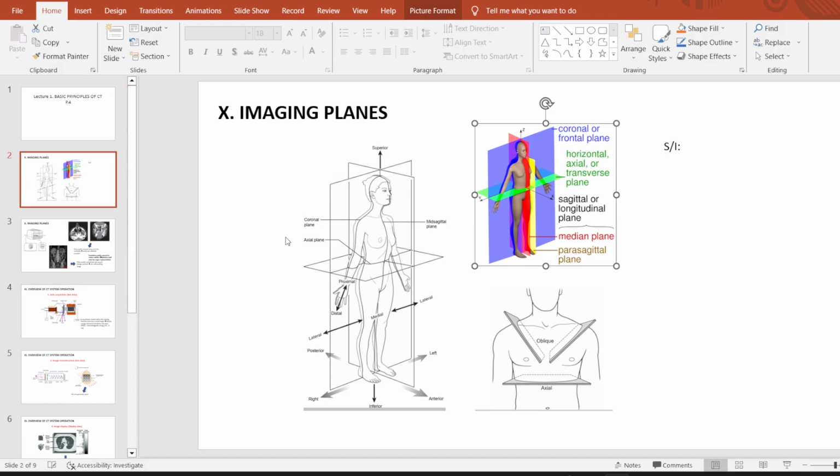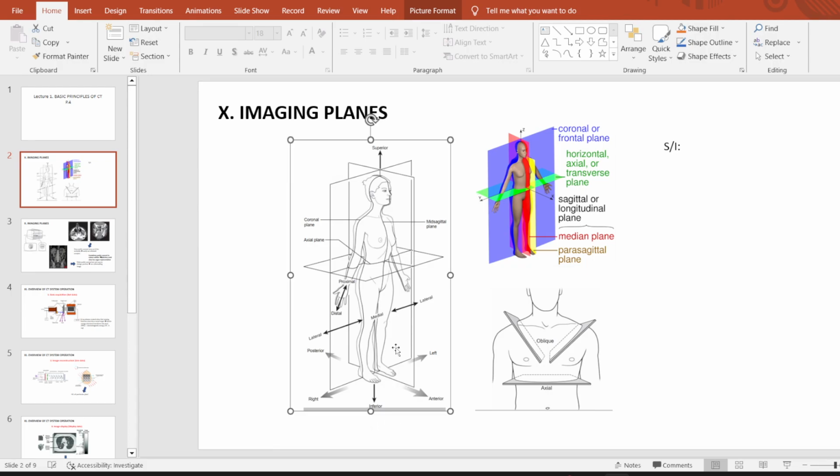First of all, superior and inferior. What are they? Superior refers to the movement toward the head, up on the head, and inferior refers to the movement toward the feet, because the patient is lying down with the feet right here.